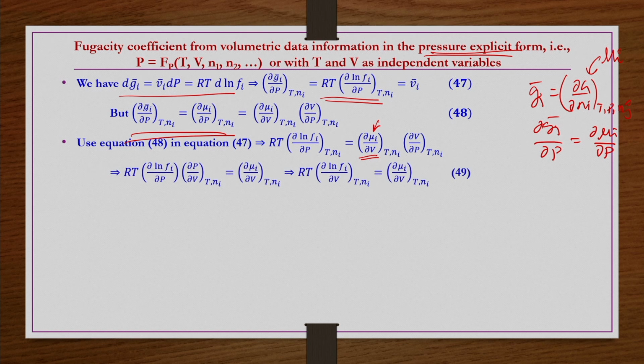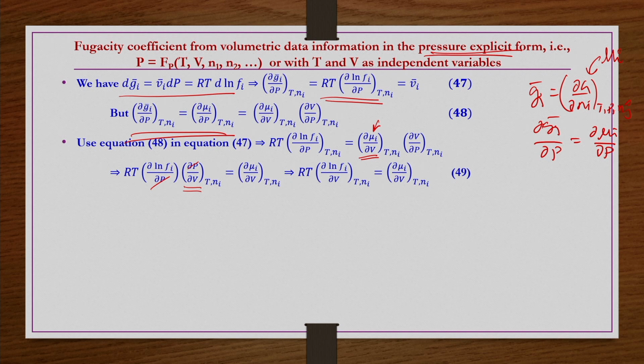So, before doing that, whatever ∂V/∂P is there on the right hand side, I take it to the left hand side as ∂P/∂V, so that I can write this left hand side part as RT ∂ln fi/∂V kind of thing. Because now I want to know the effect of volume on fugacity.